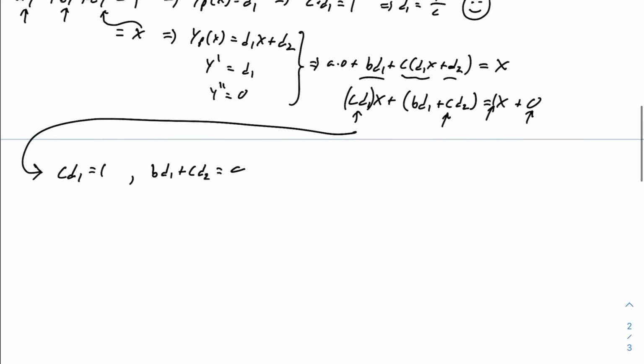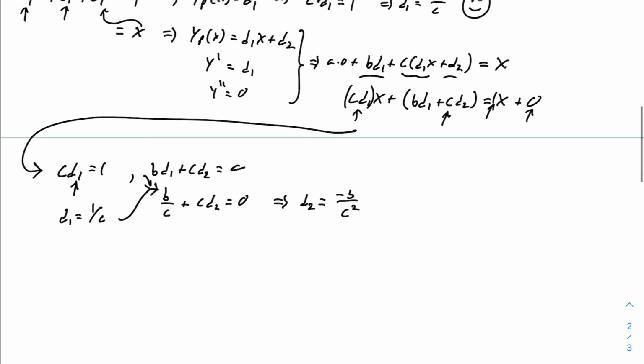Okay, so this is the easiest one to solve for. So we get d1 is equal to 1 over c, which then we can plug back into right there, and we get b over c plus c d2 is equal to 0. So we could subtract it and divide it again. So we get d2 is equal to minus b over c squared. Sweet.